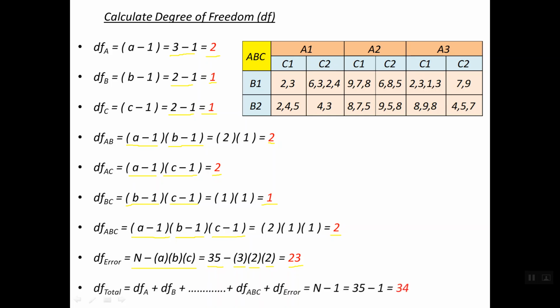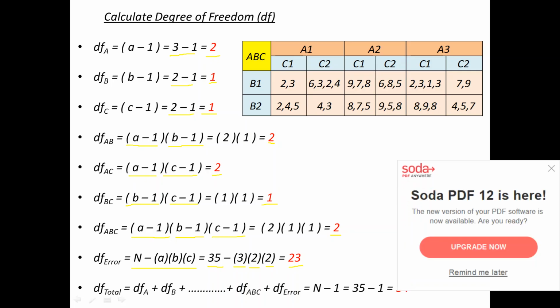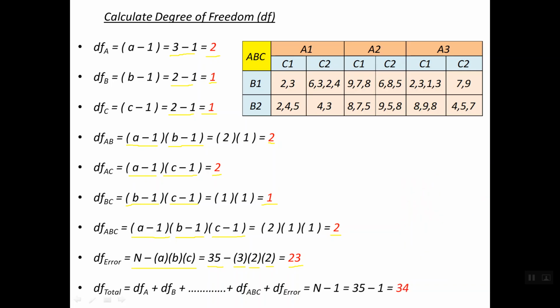Now we can easily calculate the degree of freedom total by summing up all of the calculated degrees of freedom. For example, if you sum the 2 and 1 and 1 and 2 and 2 and 1 and 2 and 23, you will get the degree of freedom total, which is 34.